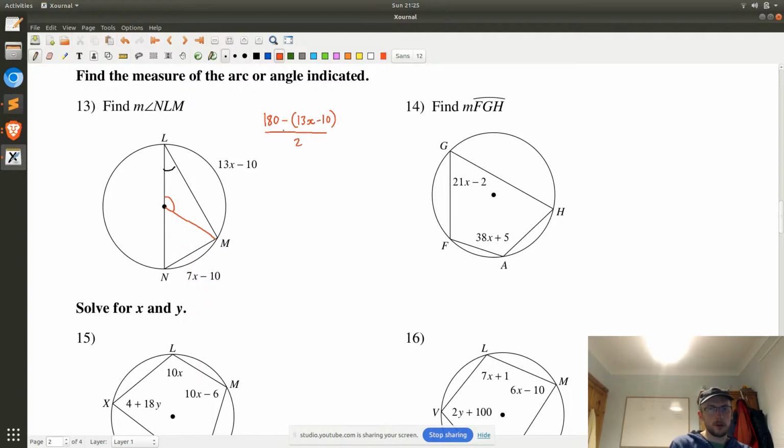That's one possibility. The other possibility, that's 7x take 10 and isosceles.